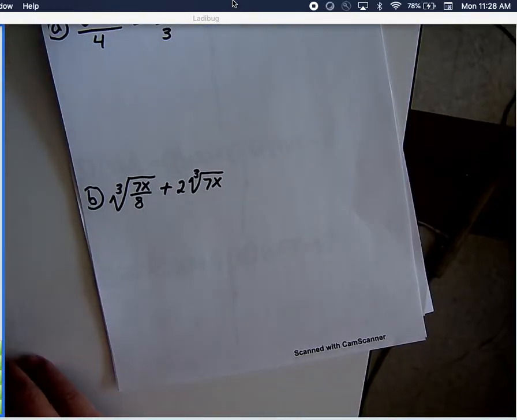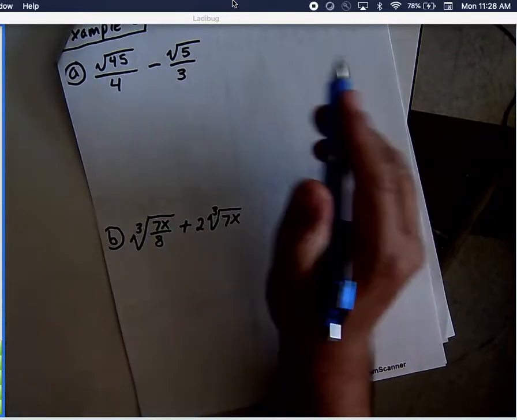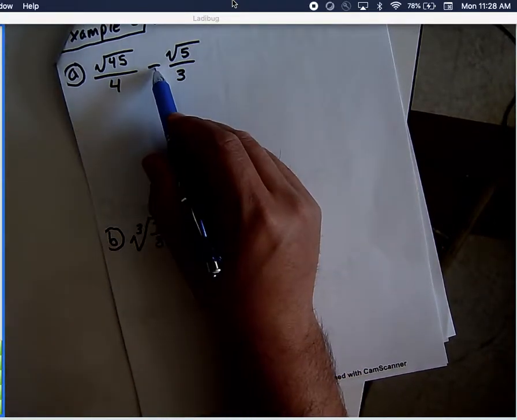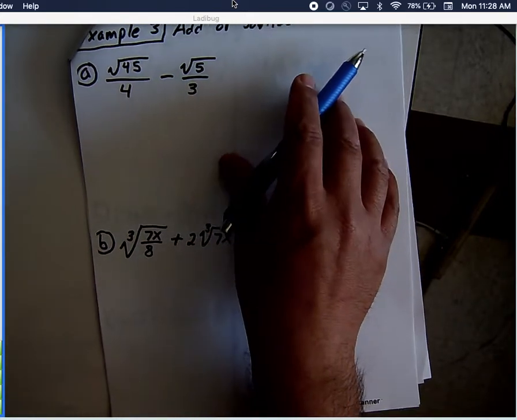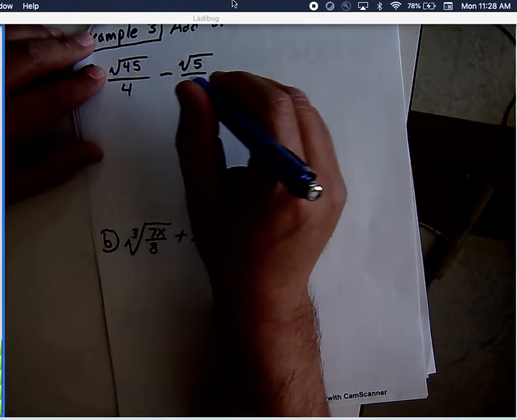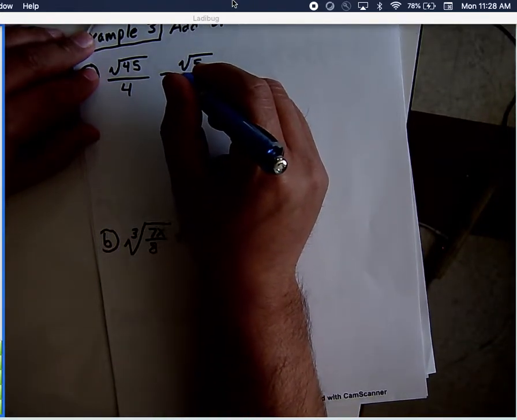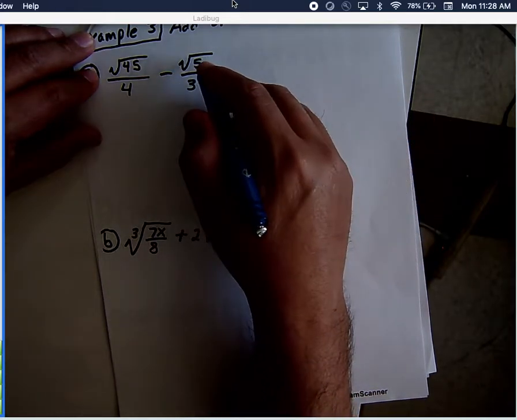Sample 3. Okay, so now we're adding and subtracting, but now it's rational numbers, fractions. There are different ways you can find the LCD, or you can just do the butterfly.